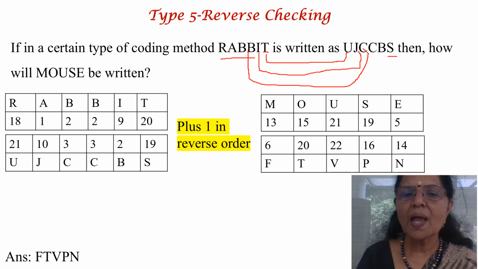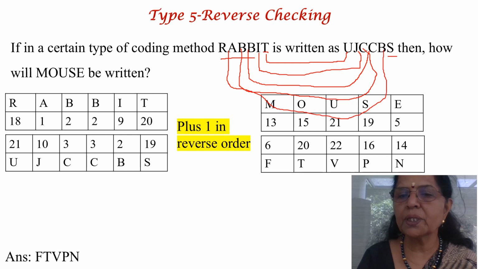See, this is reverse checking, not in the straight order. And A, the second letter, is compared with the, and this R is checked with the.